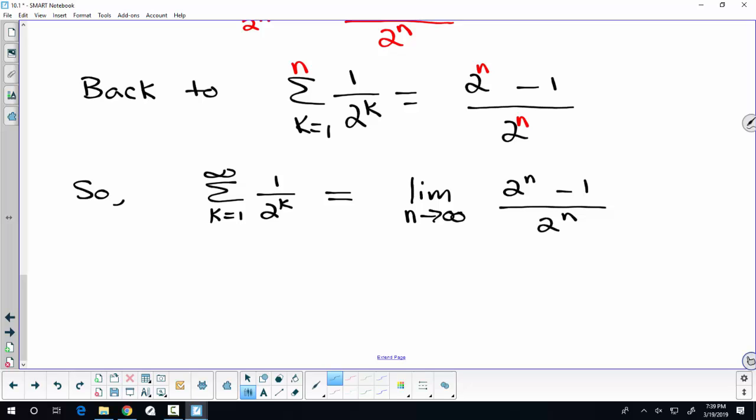Right? Let me erase that, make it more consistent. Okay, so now I have the infinite sum. Here's what it's equal to. Does it converge? What's the limit? The limit as n goes to infinity of this is what? It's 1, yeah.